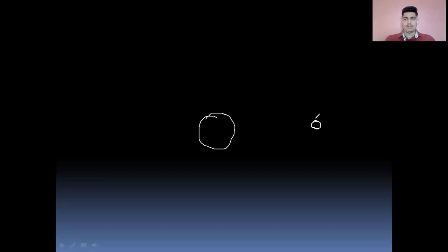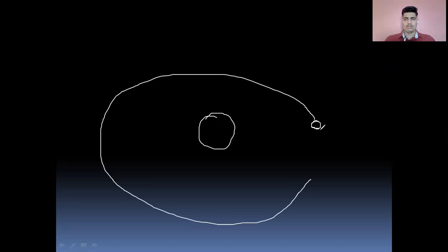So, Earth covers an elliptical path around the Sun. So this is that elliptical path which Earth covers around the Sun, and this is the Sun. So this movement is called revolution, because it is revolving around the Sun.